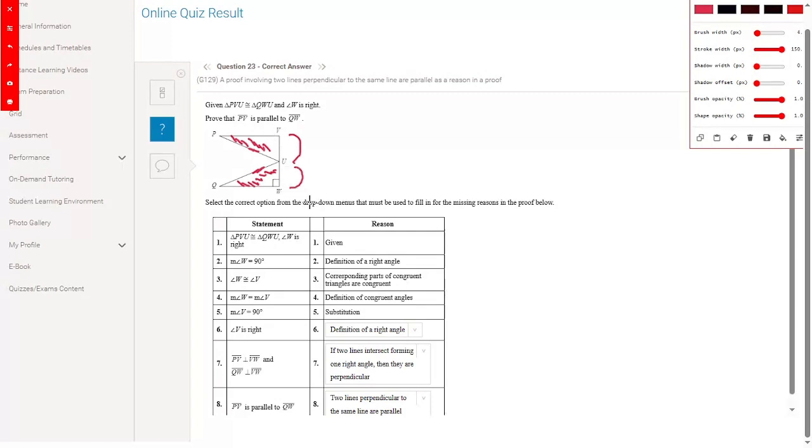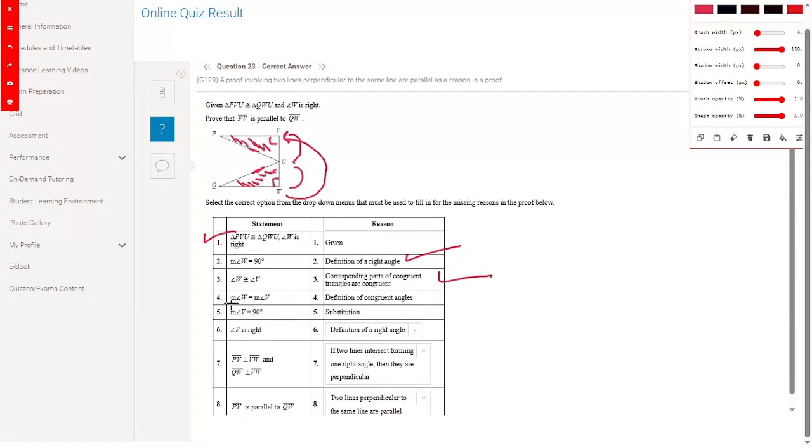Angle W will be congruent to angle V, and angle W is 90, so angle V is 90. Now let's see the statements here. Triangle BVW is congruent to QWV, and W is a right angle. This is given. The measure of angle W is 90, by the definition of a right angle. And angle W is congruent to angle V because corresponding parts of congruent triangles are congruent.